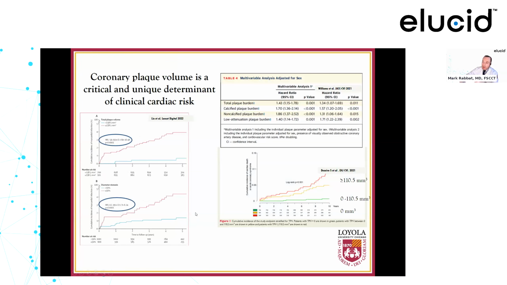Now, coronary plaque volume is critical and a unique determinant of clinical cardiac risk, and in multiple clinical trials now, we've learned that those individuals with larger total plaque volume have a higher incidence of myocardial infarction, higher incidence of cardiac death or acute coronary syndromes, and indeed, it appears to be more prognostic than diameter stenosis alone.